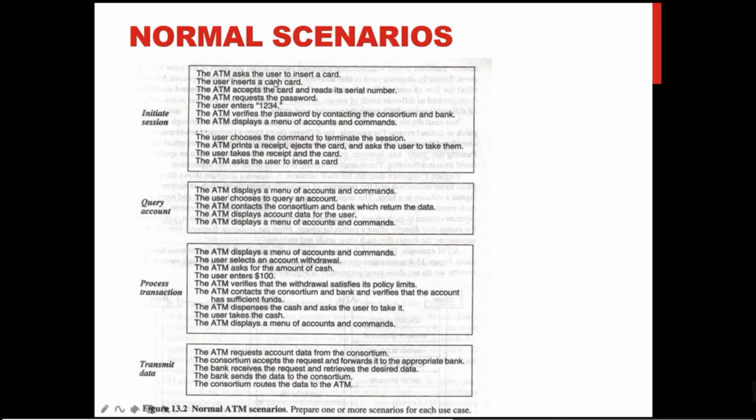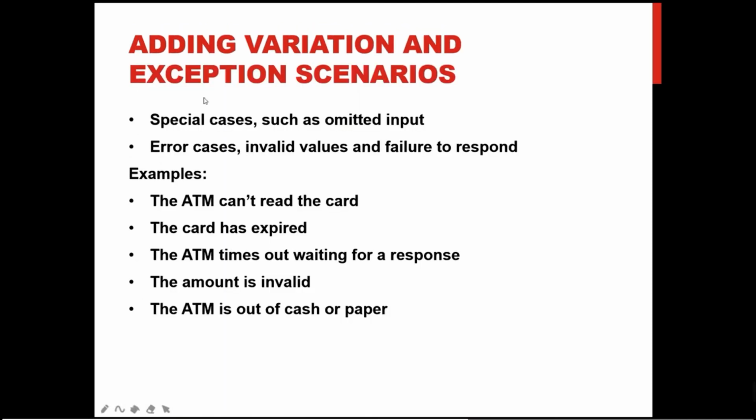You can consider it to be a sequence of interactions among different objects, or among the system and the actors. For example, the ATM asks the user to insert a card. The user inserts the cash card. The ATM accepts the card and reads it. It is a text-based description of the sequence of events or sequence of interactions.